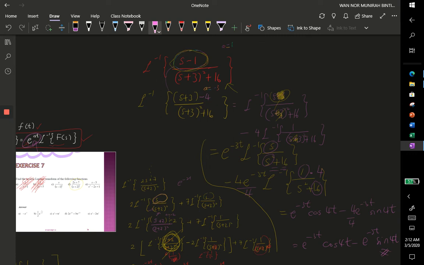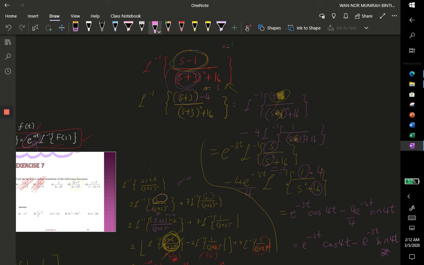So the idea is when you have your numerator s and your denominator is also s, you must think of which a, what is the value of a that I need to take out so that I have e^(at). Whatever it is, you must follow your denominator. Make your numerator as your denominator, like this. You just copy s plus 3.